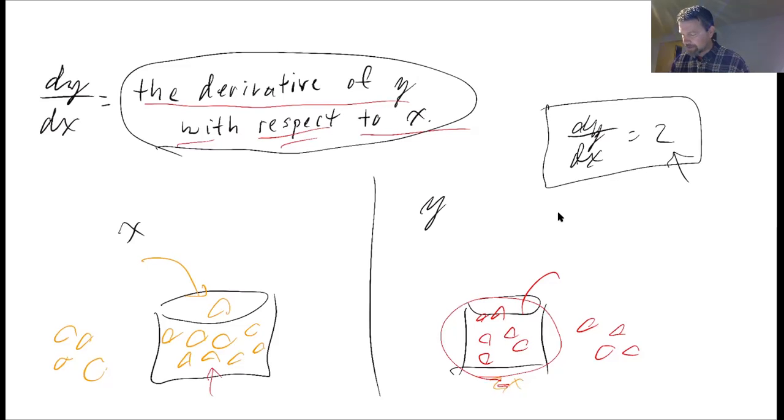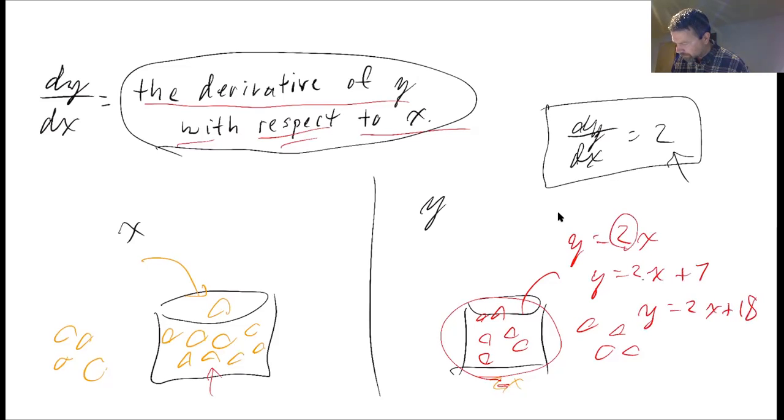That's because lines like y equals 2x, or y equals 2x plus 7, or y equals 2x plus 18, they all have a slope of 2. But that doesn't mean y is always twice as big. Sometimes it's twice as big plus 7, or twice as big plus 18, or something else. All that it means is that it's got a slope of 2. So dy dx is the slope of the line if I had graphed this type of situation.